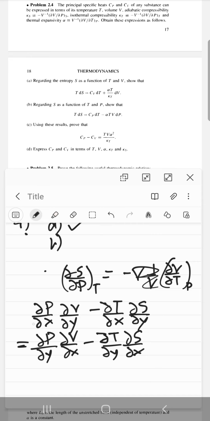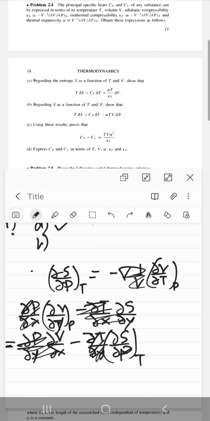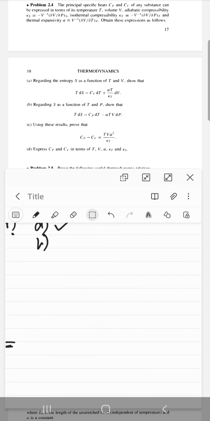And so what you would have is, well, this is gone, this is just under constant pressure. This thing is gone again because X is pressure, and then Y is temperature, right? So this thing is 1 and this thing is just at constant temperature. This thing is once again just gone. So what you essentially have is partial V by partial T at constant pressure is equal to minus partial S by partial P at constant temperature, which is actually this thing. So yeah, and so we are done. These equations are certainly true.